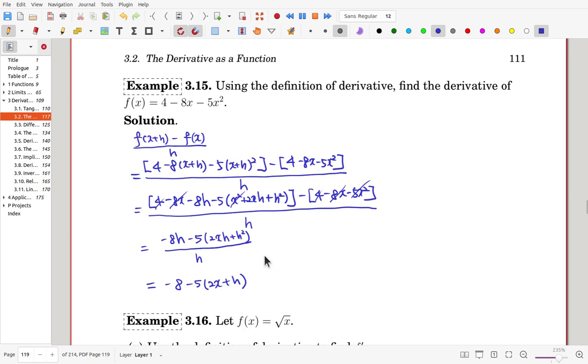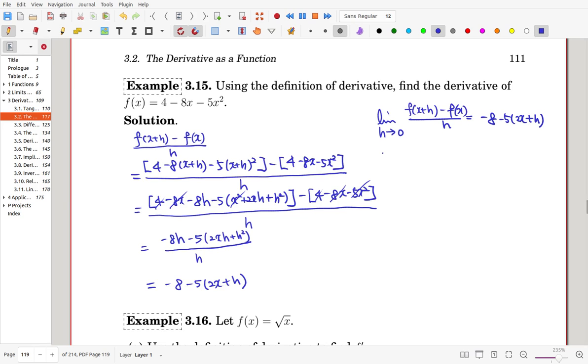Now let's apply the limit as h approaches 0 to the quotient, f(x+h) minus f(x) divided by h, which is the same as minus 8 minus 5 times (2x plus h).